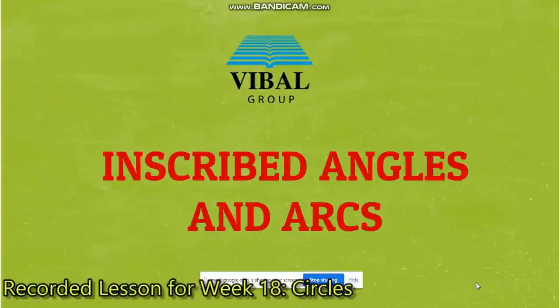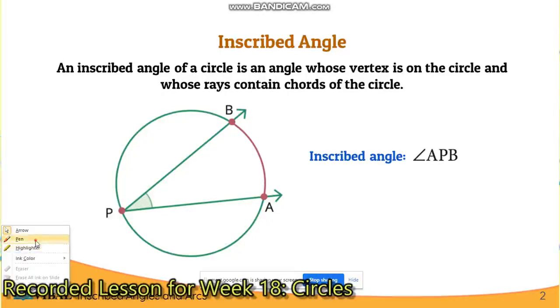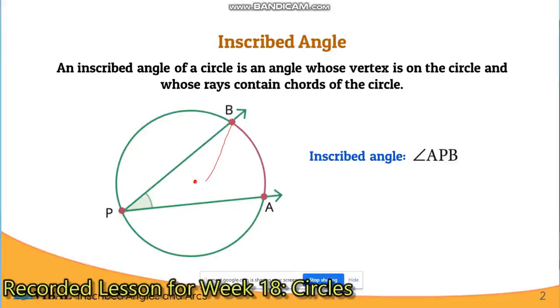Okay. So, for today, we're going to talk about inscribed angle. So, ano ba ang inscribed angle? So, by definition, an inscribed angle of a circle is an angle whose vertex is on the circle or inside the circumference of a circle. Compared to central angle, pag central angle, ang nakikita natin, yung kanyang vertex ay nandun sa center ng circle.